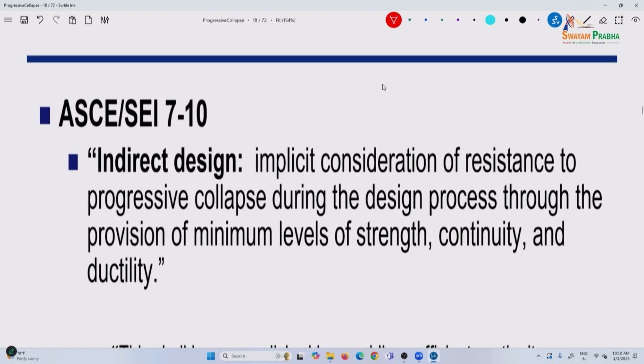Now ASCE 7-10 considers indirect design, implicit consideration of resistance to progressive collapse during the design process through provisions of minimum levels of strength. We will see here what we will call demand capacity ratio, and continuity and ductility.